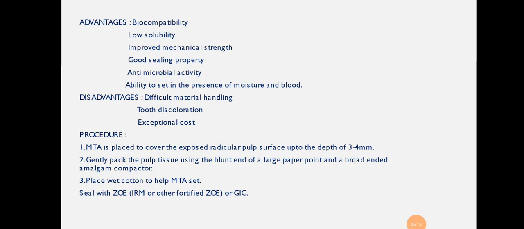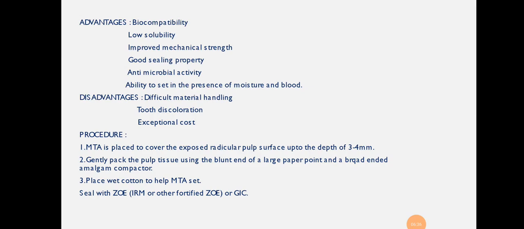Gently pack the pulp tissue using the blunt end of a large paper point and a broad-ended amalgam compactor. Place wet cotton to help MTA set. Seal the rest of the prepared area with ZOE or reinforced or fortified ZOE or GIC.